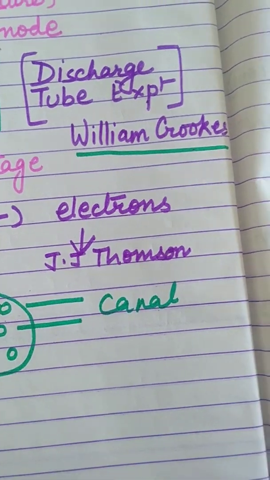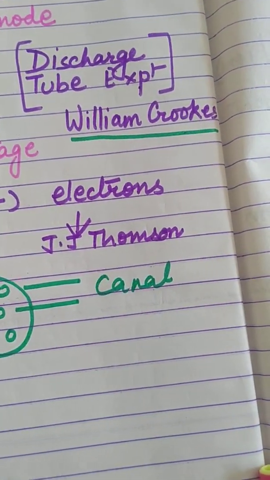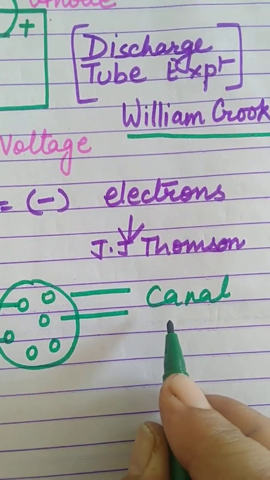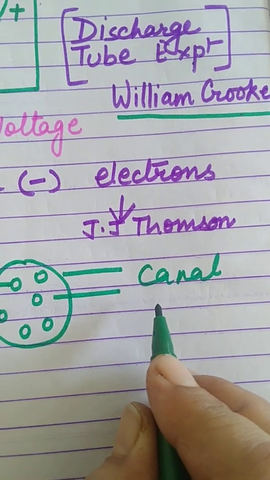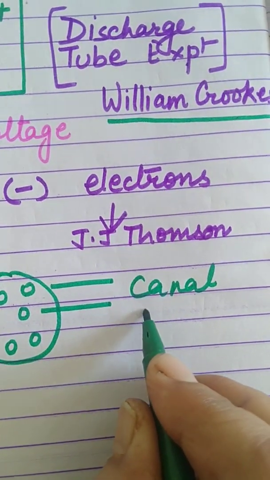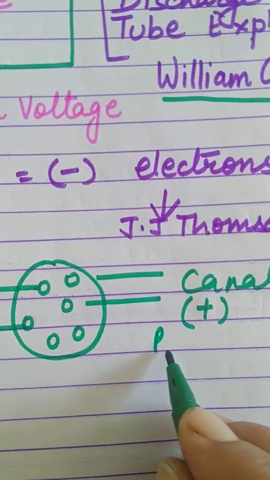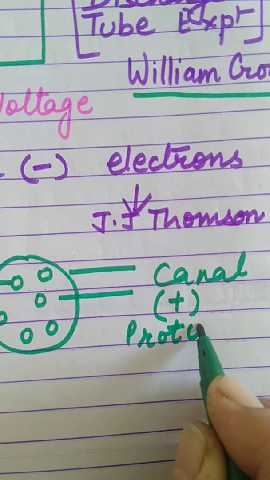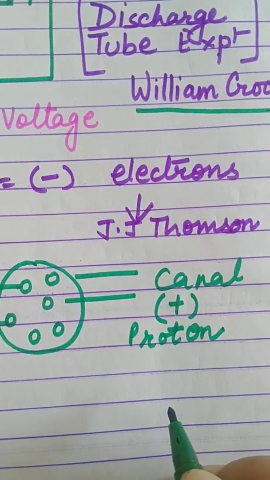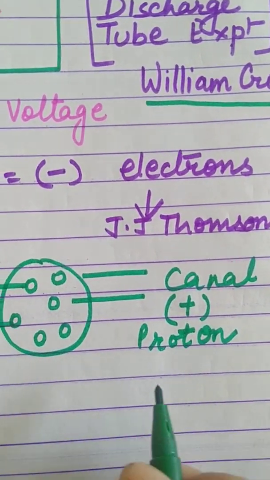So they were known as canal rays. And since they were moving from anode to cathode, they were positively charged, and later they were termed protons.